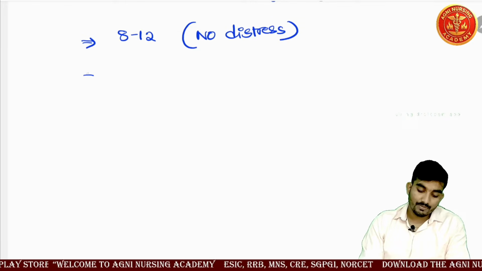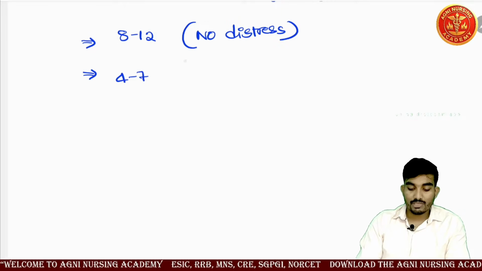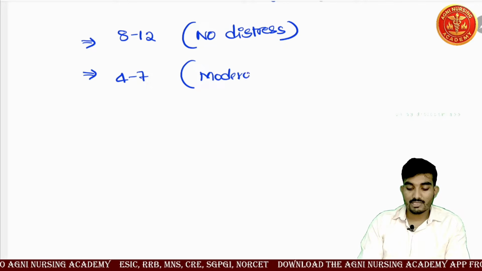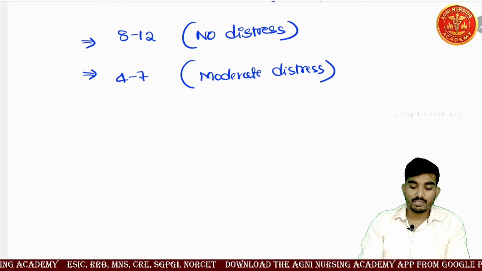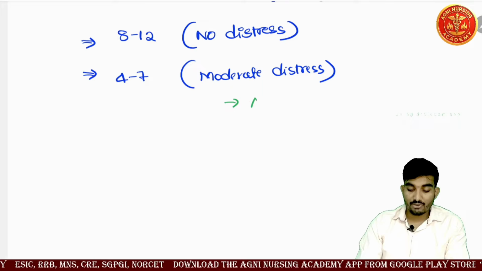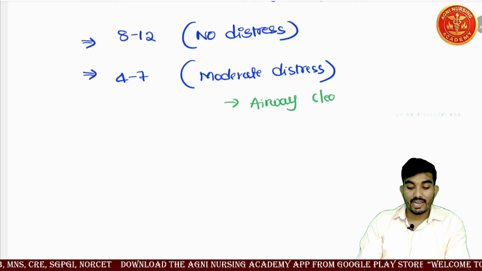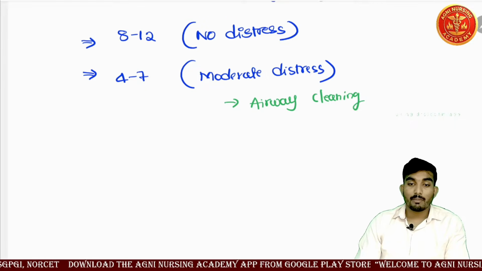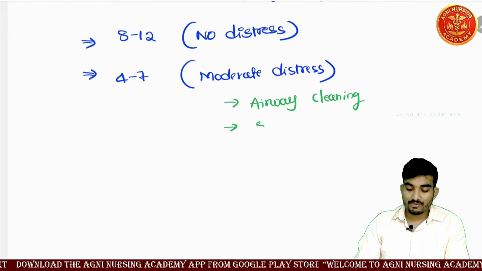If the score is between 4 to 7, we will consider that moderate distress. In moderate distress, first we have to assess the airway and clean the airway. For the particular child, we'll give stimulation for respiration by foot rubbing and back slapping.